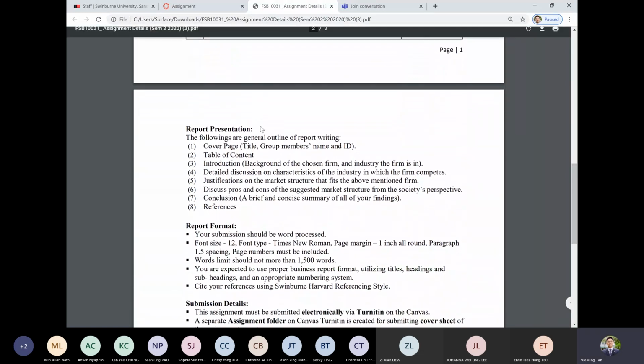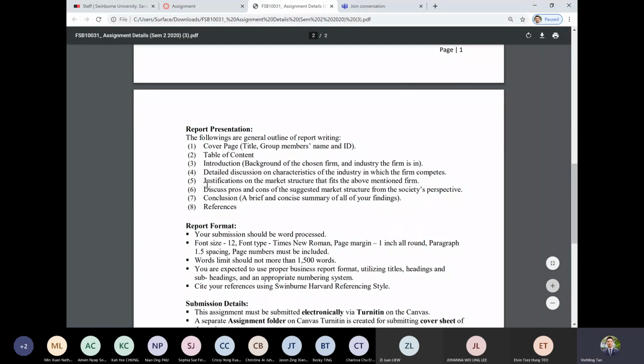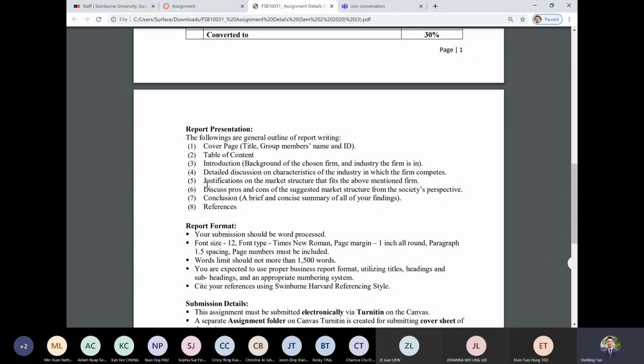Okay, so assume that this is the framework of your report, right? So what sections should be counted? It should include the introduction. This is your task A, right? Detailed discussion. This is your task B. Justify.